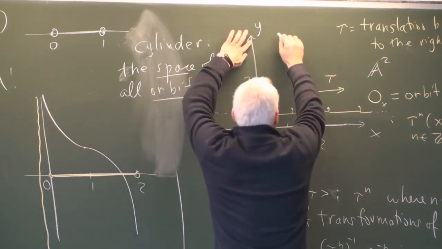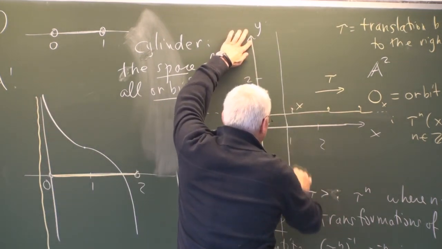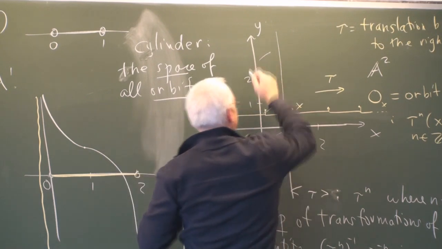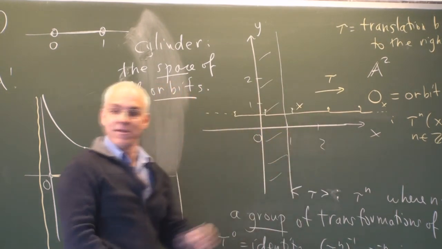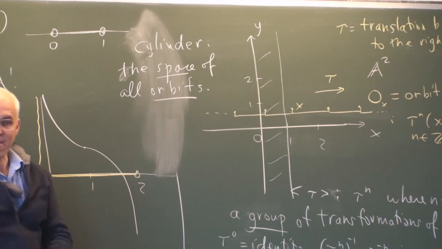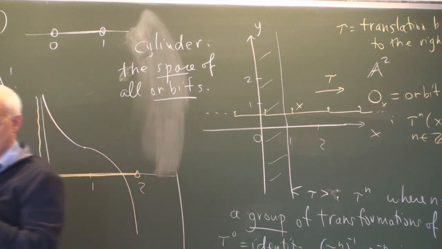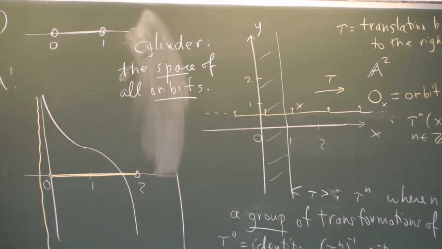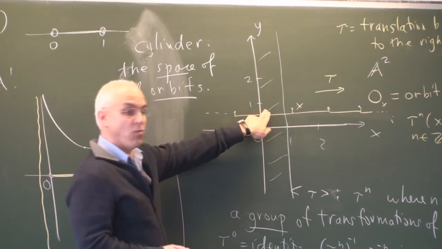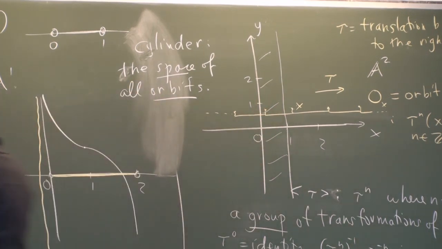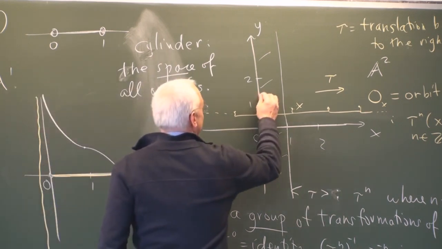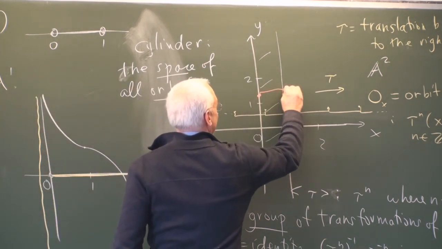What we could do is look at a strip between x equals 0 and x equals 1. Then every orbit, no matter where it is, will meet this vertical strip, most of the time in just one point. For example, this orbit meets it in just one point there. But you could imagine another orbit that meets it in 2 points, for example, here and here. Those would also be in the same orbit.